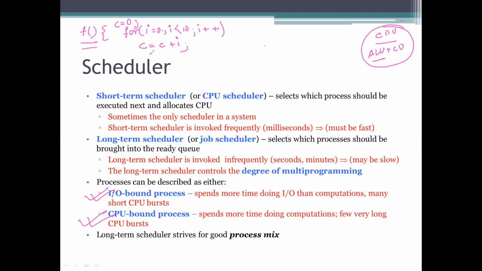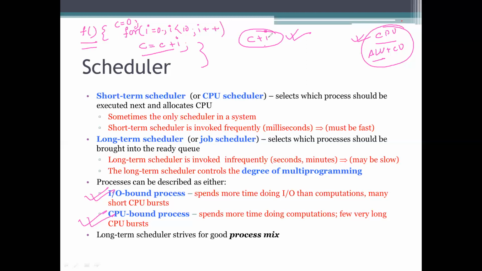So what are we doing here? You can see that for this particular code there is no IO operation. There are overall 10 iterations, and in each iteration I need to perform the addition operation c plus i. To perform this addition operation we need the help of the CPU.